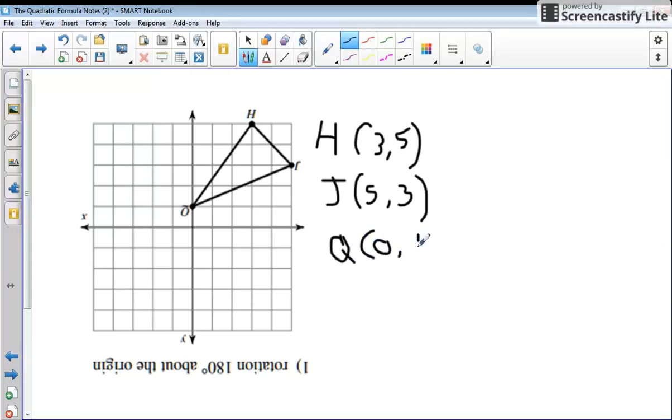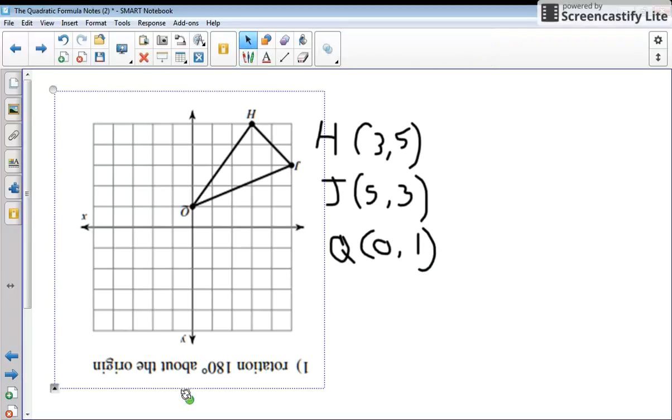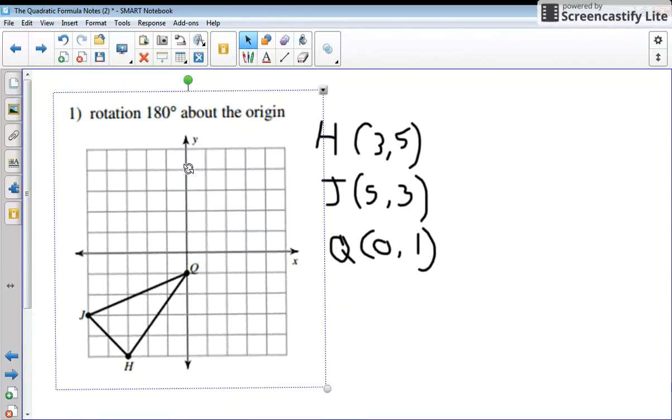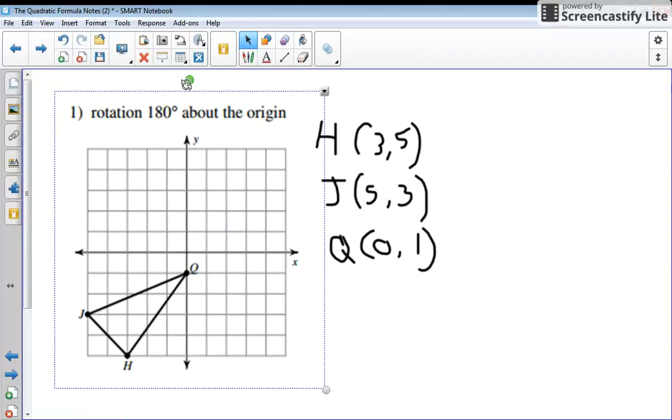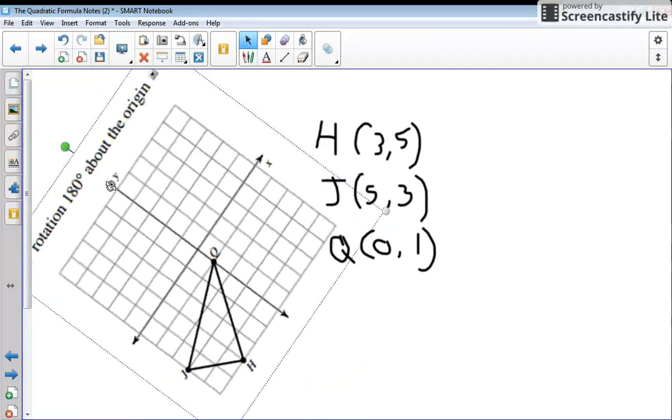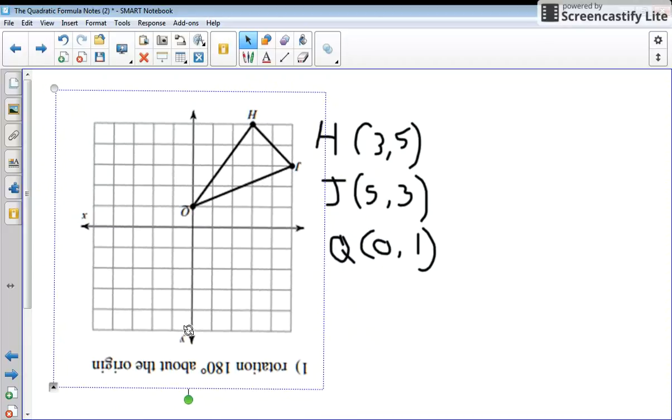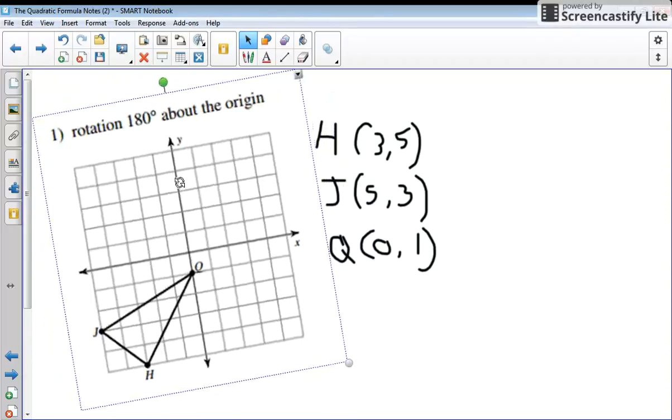Now from this point, you might be like, okay, why did I write those down? Well, the gist is, if I were to rotate this triangle 180 degrees around the origin, that's where the triangle ends up when I rotate it. It ends up right there in the first quadrant when I rotate it 180 degrees.